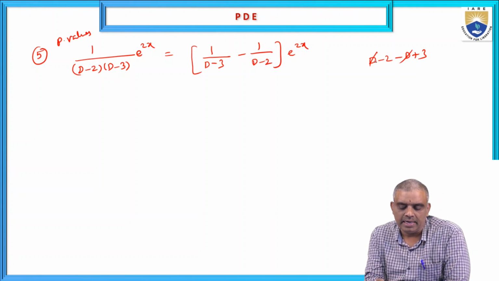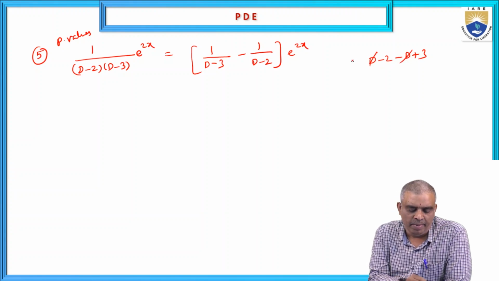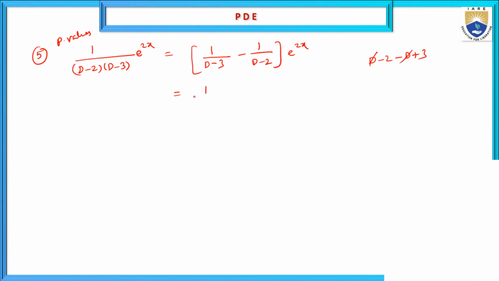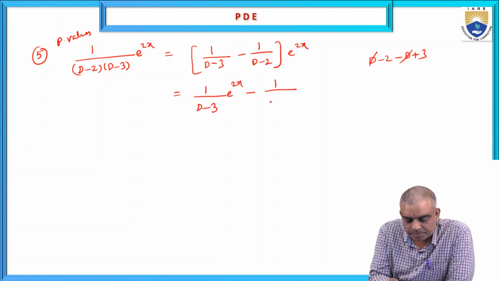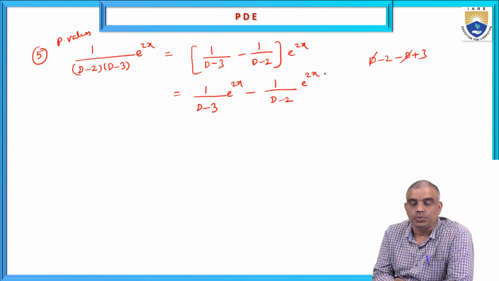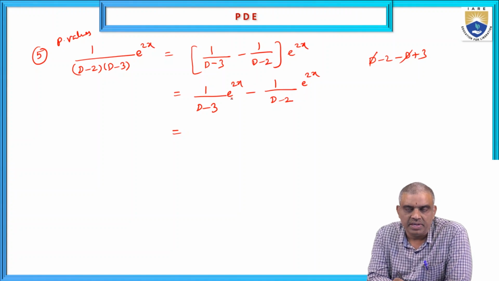On simplifying, you will get D minus 2 in the numerator minus D plus 3. D cancels, 1 by this one. So 1 by D minus 3 of e power 2x, and on the second function, operating e power 2x with 1 by D minus 2. How do you operate 1 by function of D of e power ax?